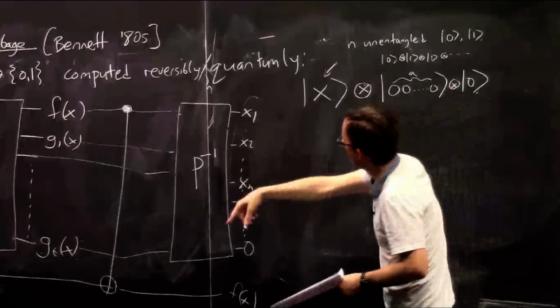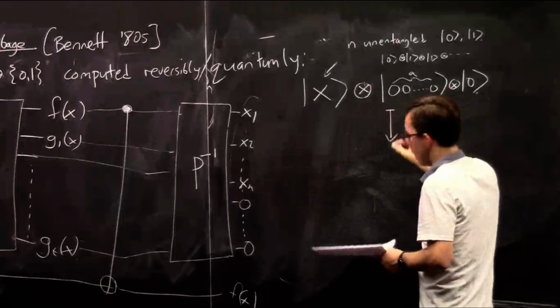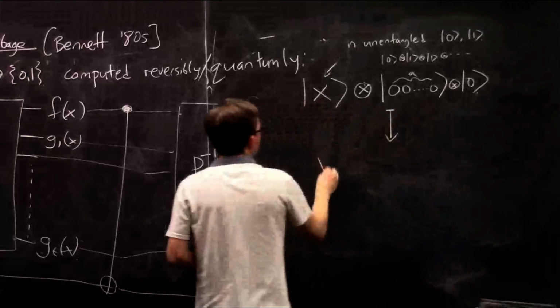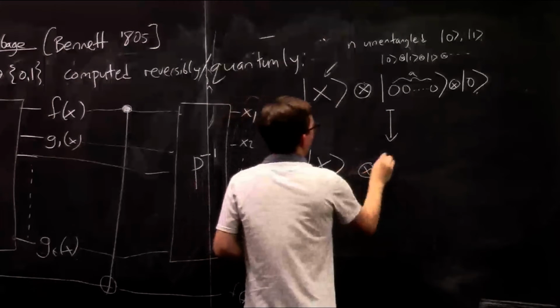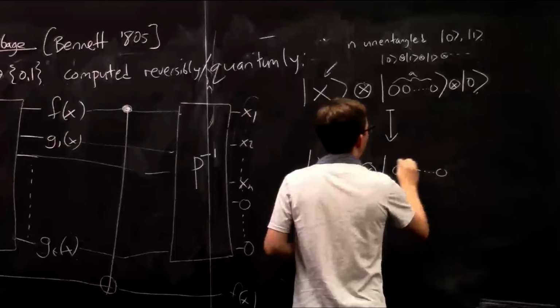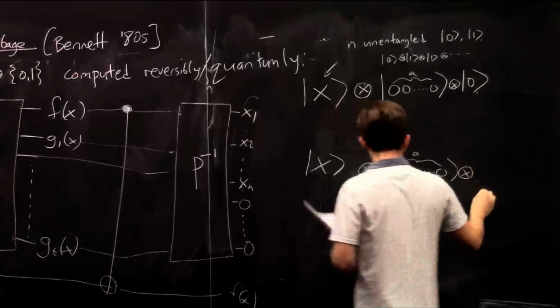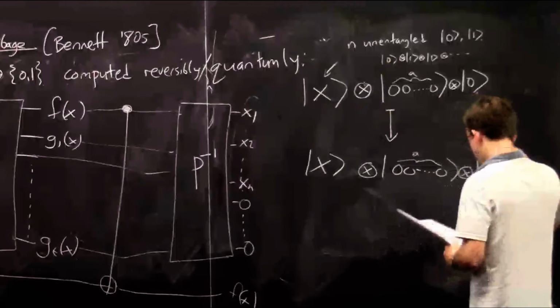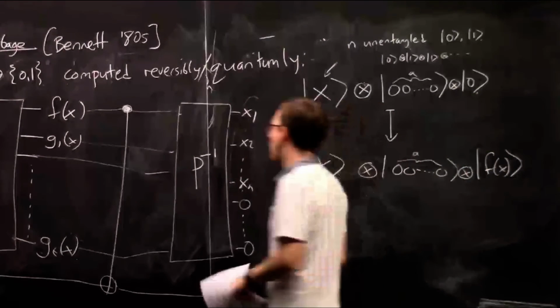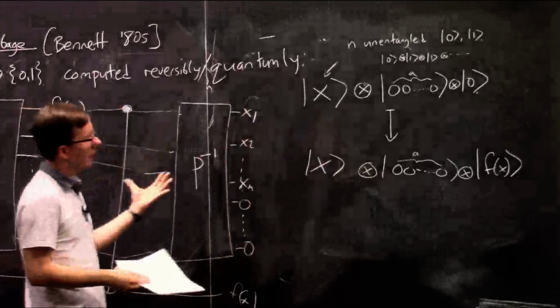If that comes in, then what comes out is x tensored with the a bits, tensor with the single bit f of x. And this whole story is a classical story.